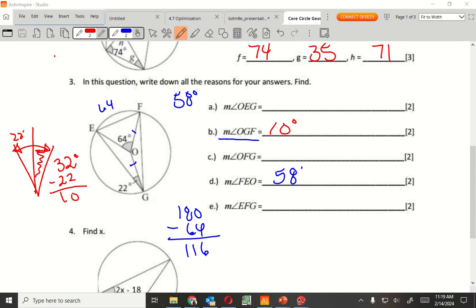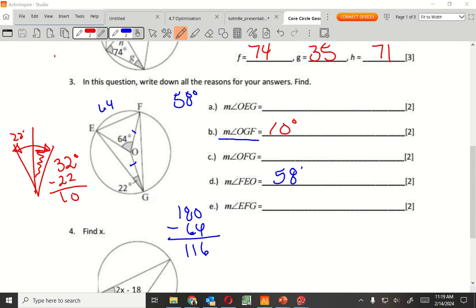Yes, they are. From O to G and O to F, from the center of a circle to the edge is always a radius. And if all the radii are going to be the same, what type of triangle do I have over here? Isosceles.